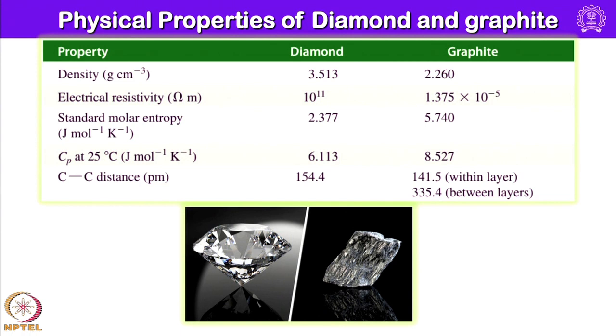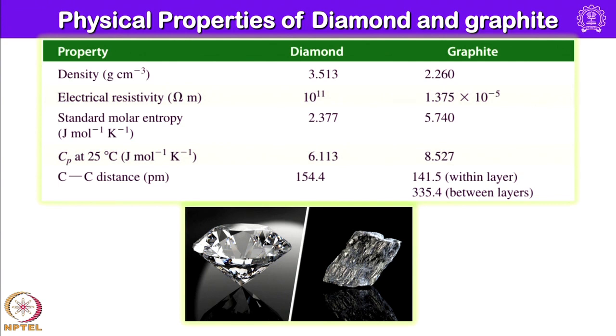Density is more in case of diamond, it is 3.513, whereas graphite is 2.26, and electrical resistivity is remarkable in case of diamond, 10 to the power of 11, whereas in case of graphite you can see that. Standard molar entropy is 2.377 in case of diamond, whereas in case of graphite it is 5.740 joules per mole per Kelvin.